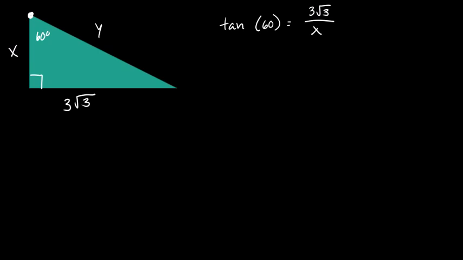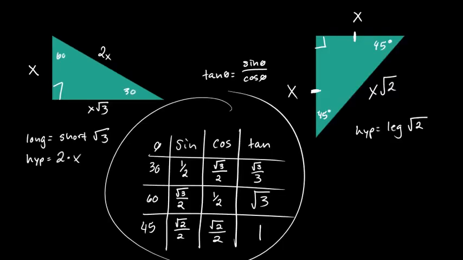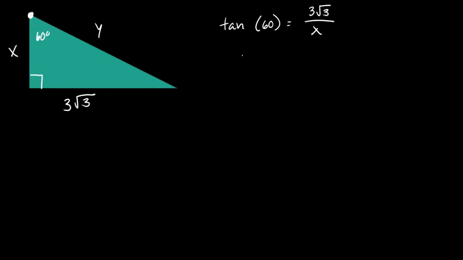Alright, so opposite over adjacent, and I know from my chart that the tangent of 60 degrees is radical 3. I have that memorized. So I can sub that in, radical 3 over 1 equals 3 radical 3 over x. In order to solve for x, you guys normally cross multiply and divide, so I'll put the left side over 1.